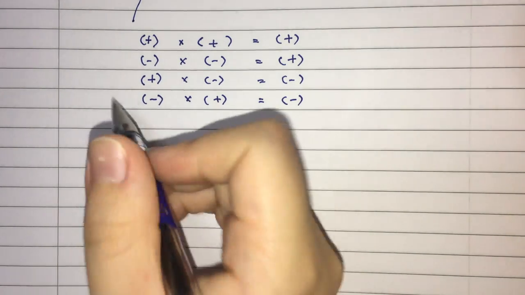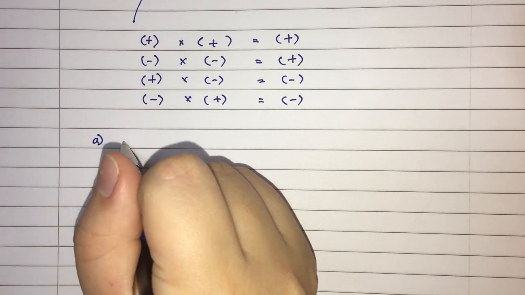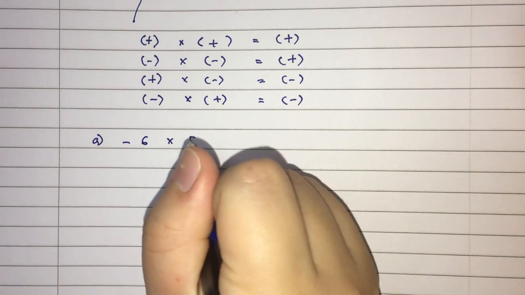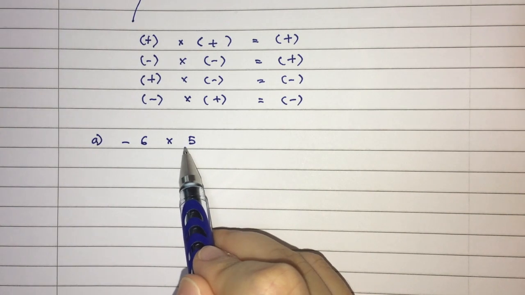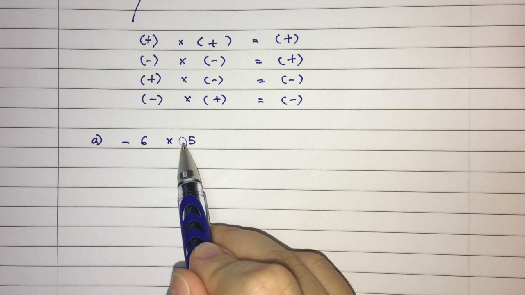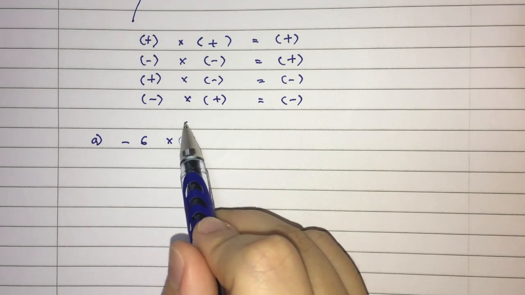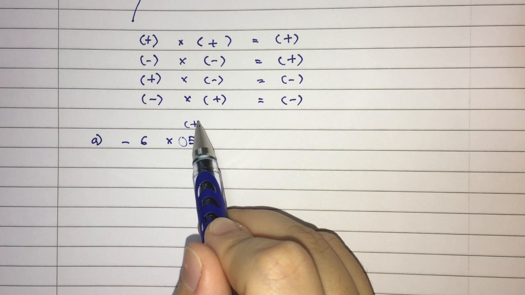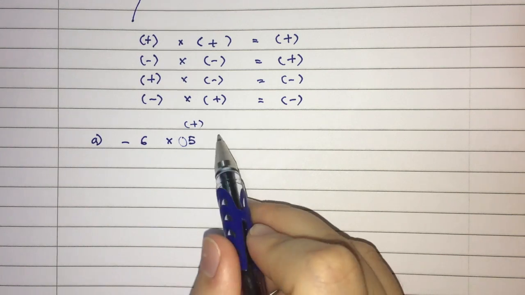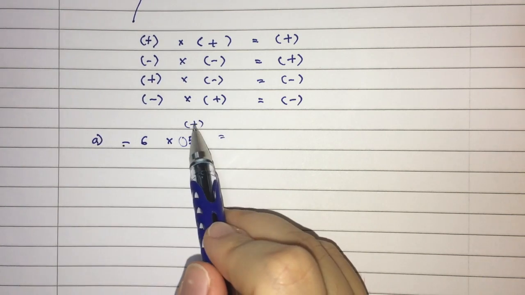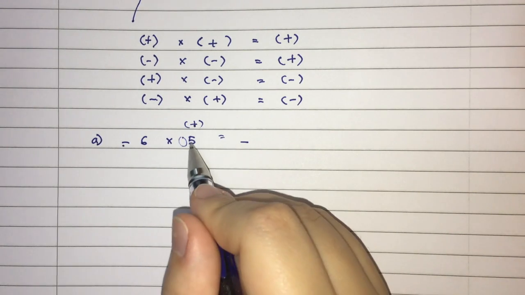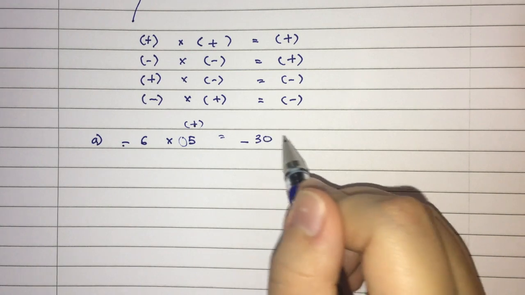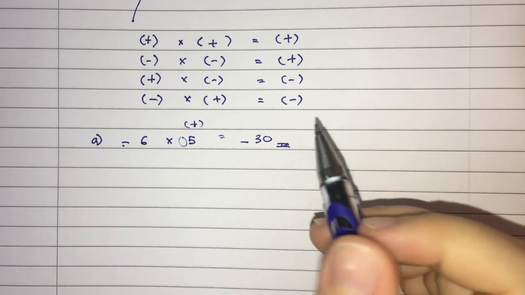For the first example, if we get negative 6 times 5, what will be the answer? For this it didn't state any sign, but if it didn't state, we will know that it is probably a plus sign. So negative times plus we get a negative sign, and 5 times 6 is 30, so you get the correct answer.